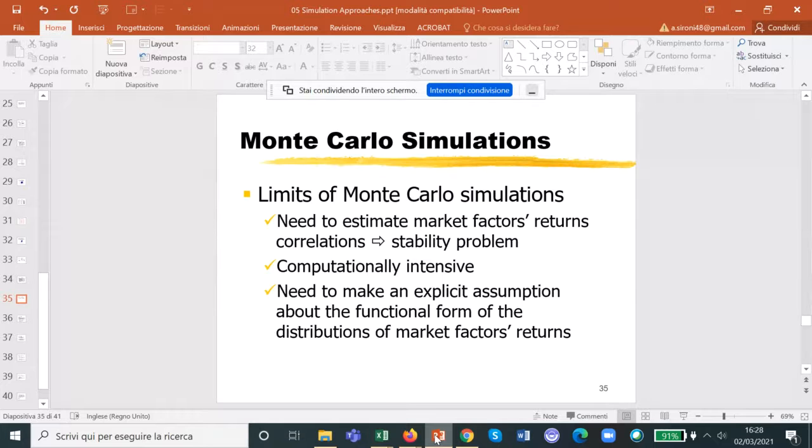This is very important. Now, Monte Carlo simulations are more and more common because, of course, the problem of being computationally intensive has become less and less relevant over time, given the fact that we now have more computing power, and therefore this problem is much less relevant.